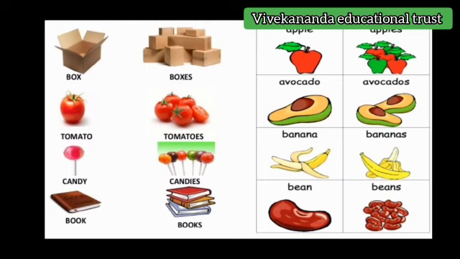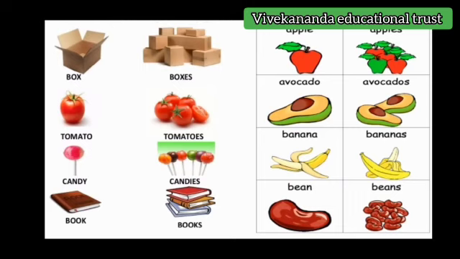Next one, candy. C-A-N-D-Y, candy. The word ends with Y. So when the singular noun ends with consonant plus Y, we have to change the Y into IES. So likewise, we have to change a singular noun into plural noun.